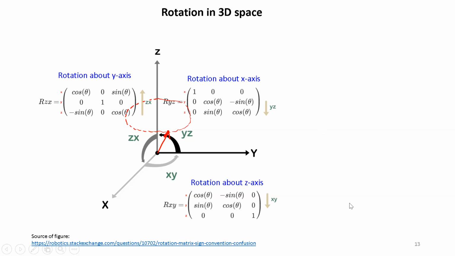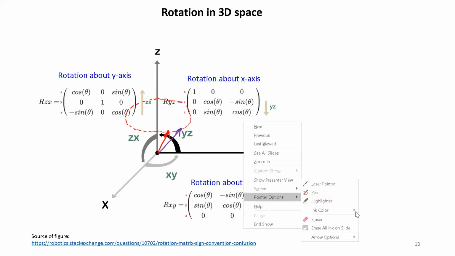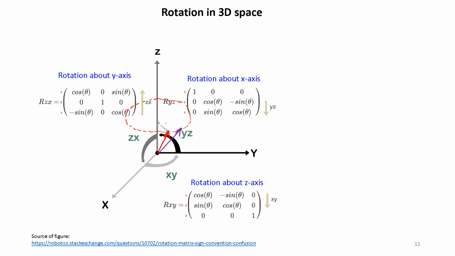After my rotation, my vector will still be touching the same circle, but at a different point. So where is the theta? Theta is this one. Just like if my finger pointing up is the z-axis and this pen is the vector, then the rotation about the z-axis is a rotation like this.